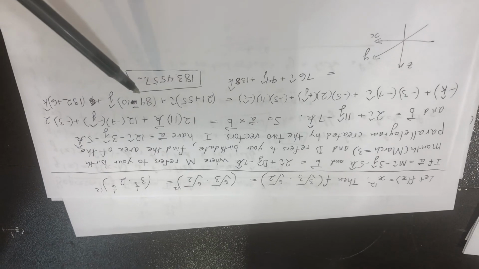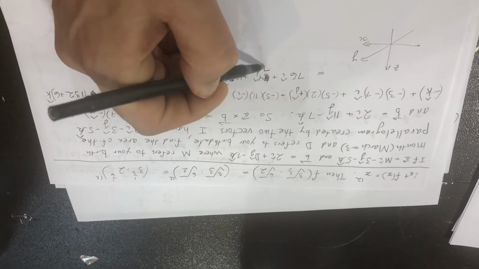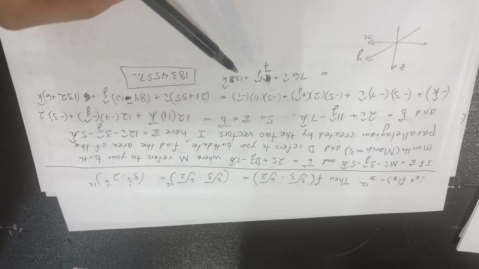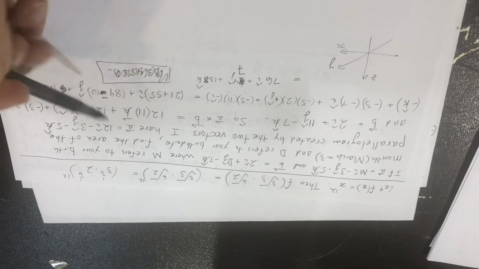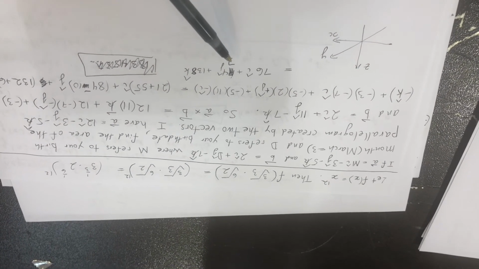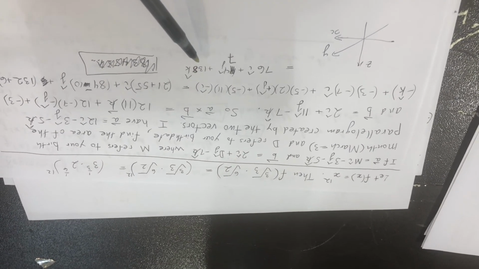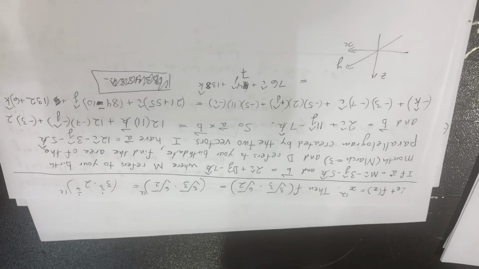This should really be a 74, and this is a 138. So this answer is wrong. So we need to find the magnitude of this vector, which is the square root of 76 squared plus 74 squared plus 138 squared. All right, see you in another video.